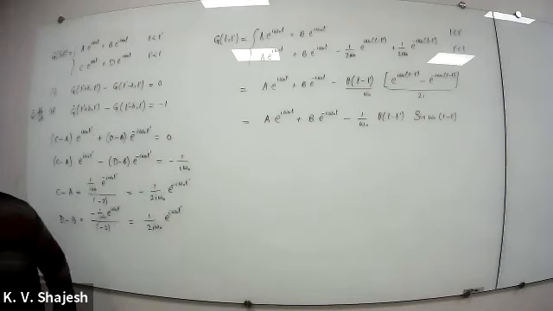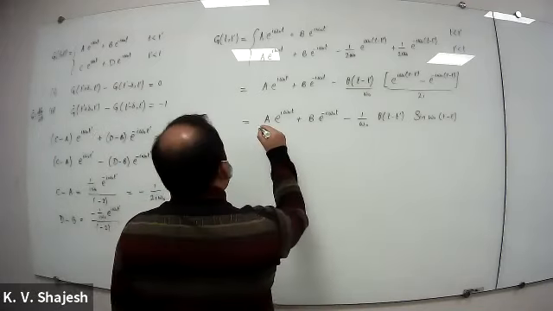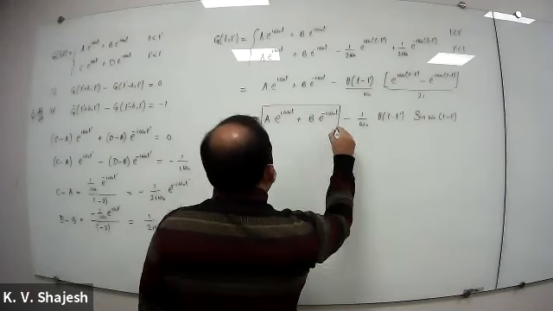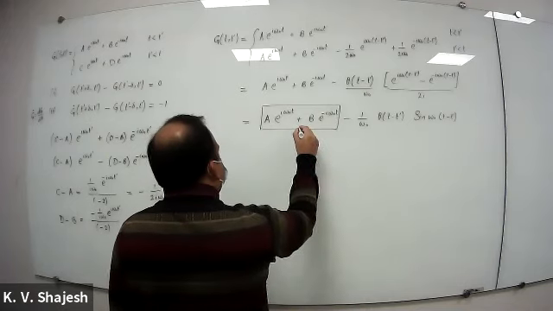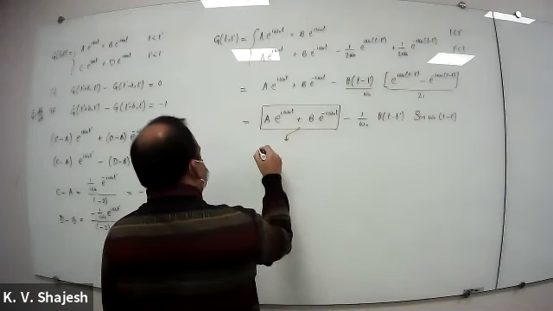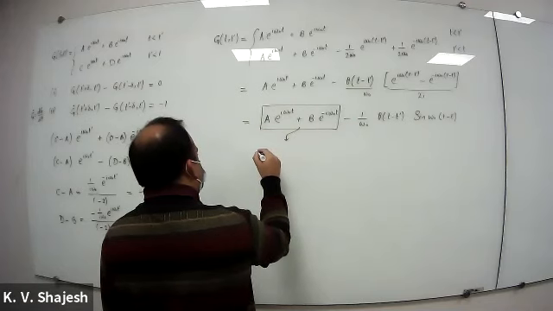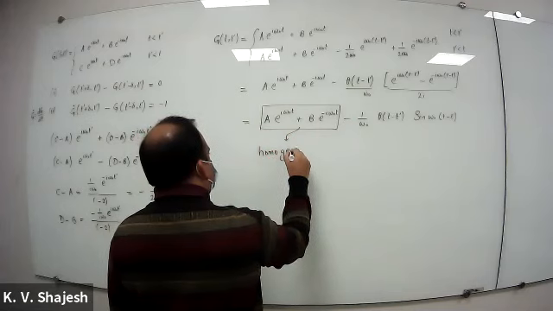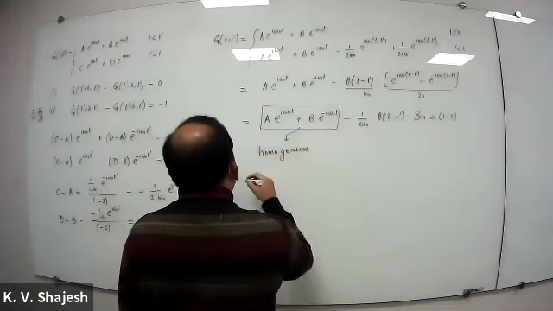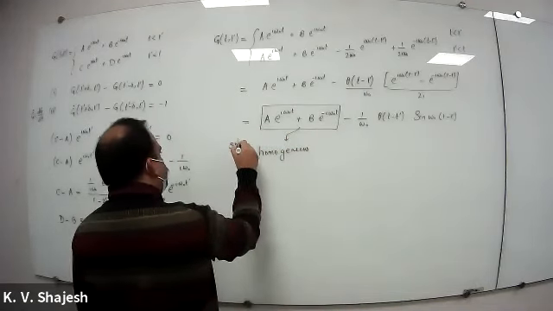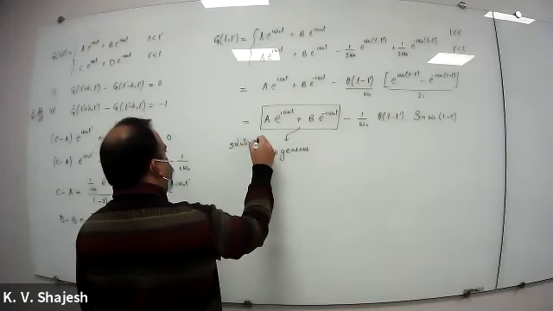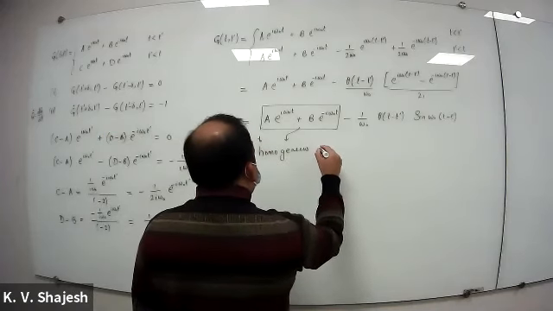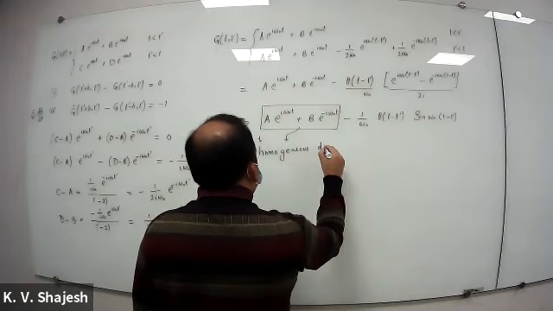But remember that the first part is actually a solution to the homogeneous differential equation. So this is a homogeneous solution, if I had to call that, right? A solution to the homogeneous differential equation.